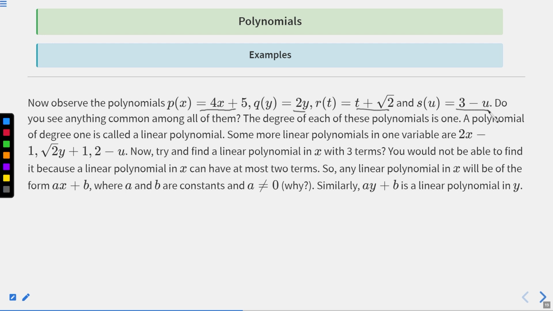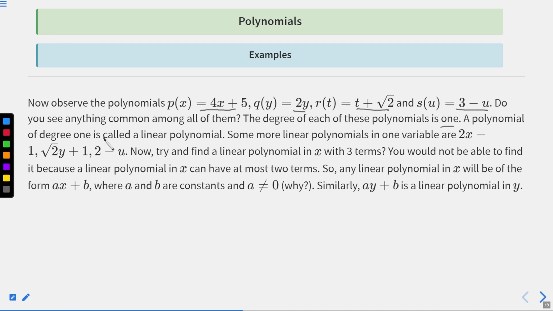Okay, so each of these polynomials actually has degree 1. The degree of each of these polynomials is basically 1. So a polynomial of degree 1 is called what? A polynomial of degree 1 is called a linear polynomial.